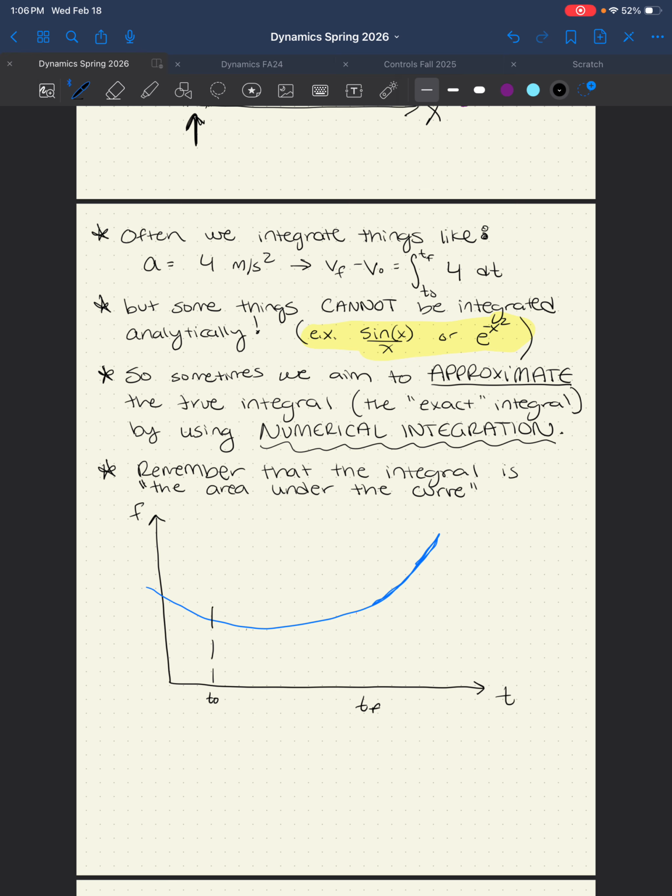So if we have some function here, maybe we'll call it g, maybe this is g of t, and we want to know the integral of this function from t0 to t final. Well, we know from our early calculus classes that this is the area underneath this curve down to the x-axis.